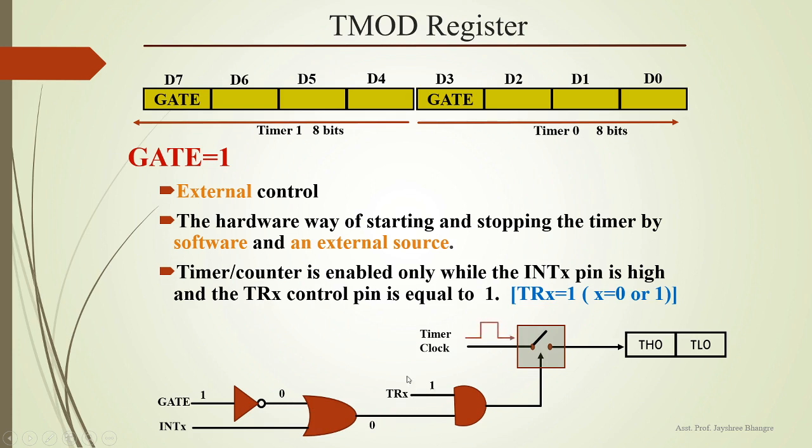If we turn on the timer, because the second input to the AND gate is 0, the output will be 0. So this will not close the switch and the timer will not start. If we make this INT pin equal to 1, now the output of this OR gate will be 1. This will close the switch and the timer will start counting. So here we can say that if the gate bit is 1, the operation of the timer will depend on the state of the INTx pin.